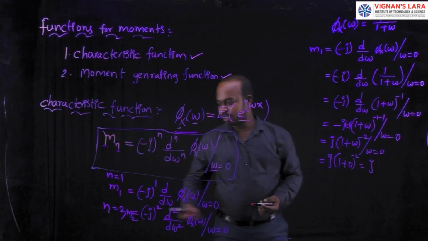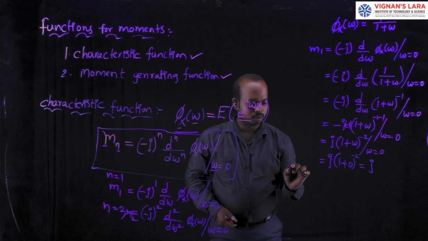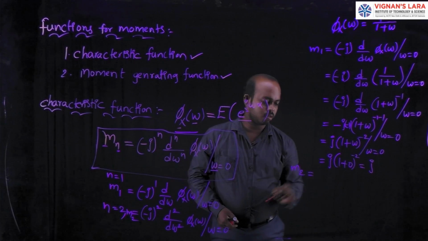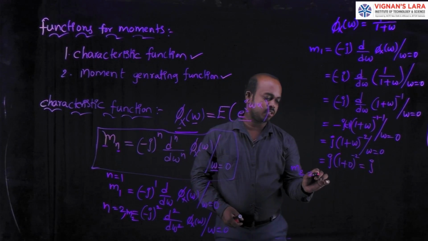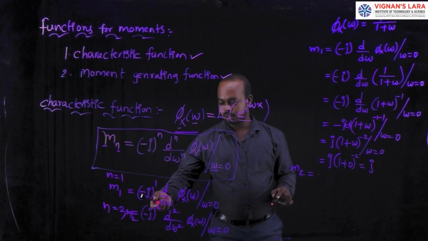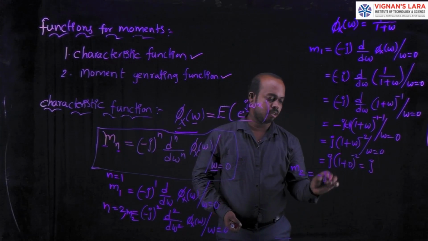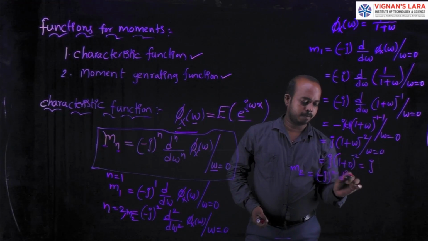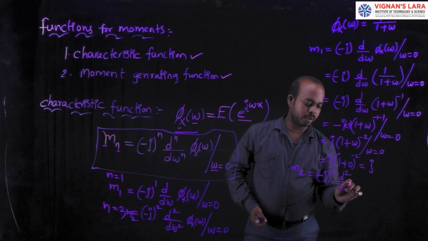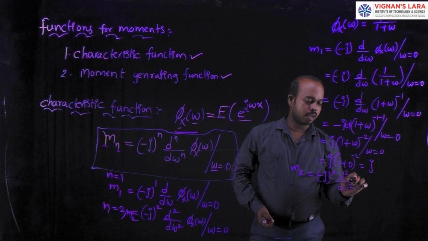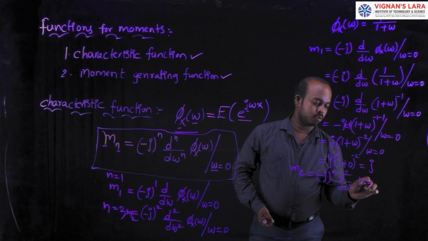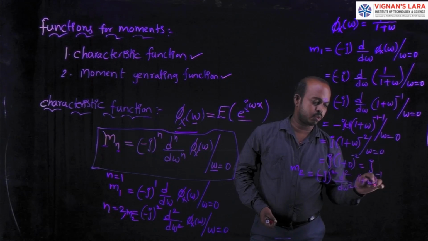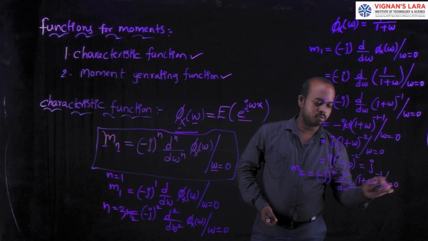Suppose you need to find the second moment. The second moment m2 is equal to minus j whole power 2, d square by d omega square of 1 plus omega whole power minus 1 at omega equal to 0.